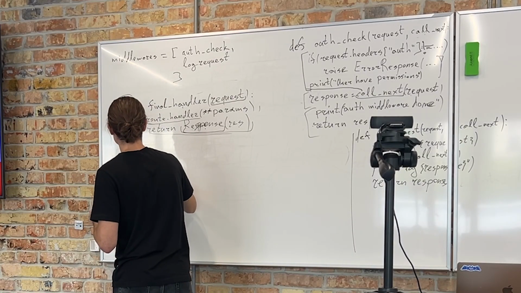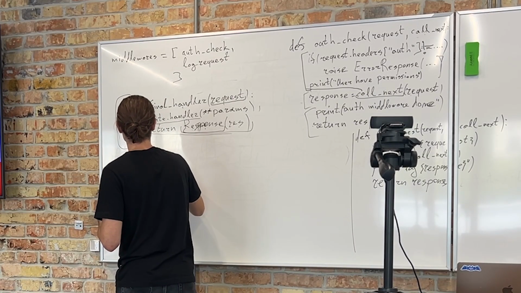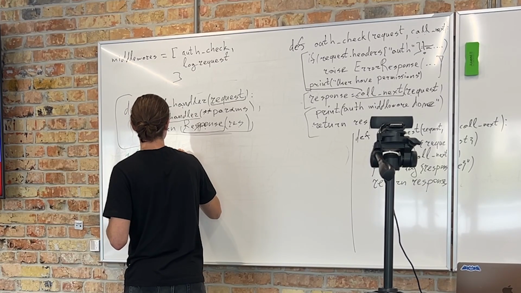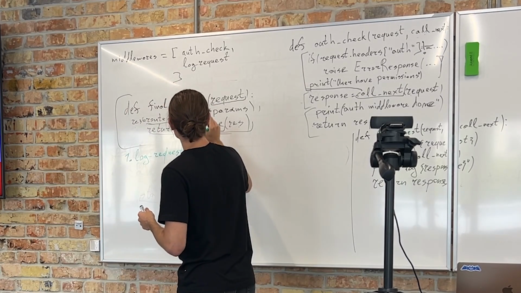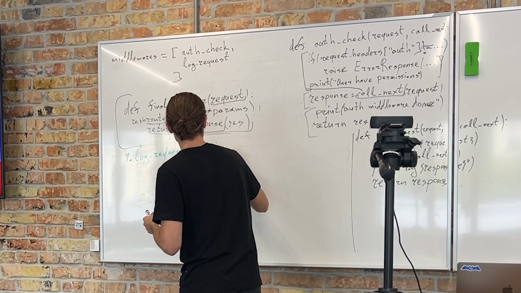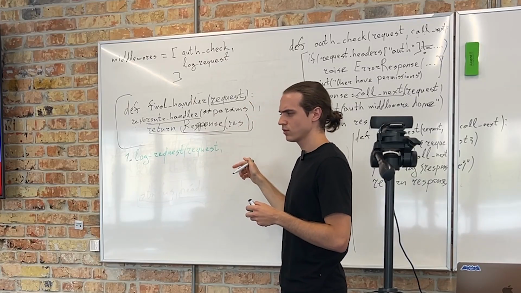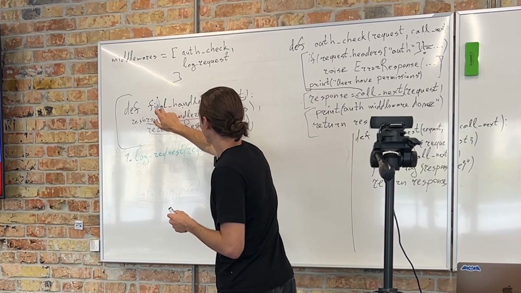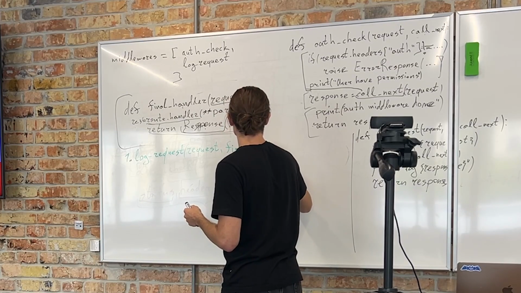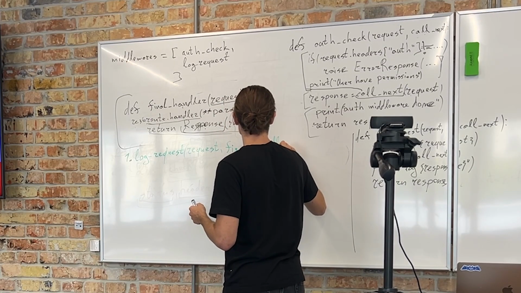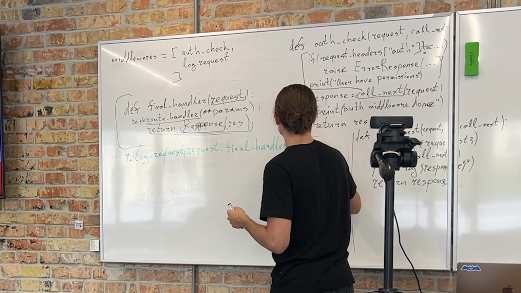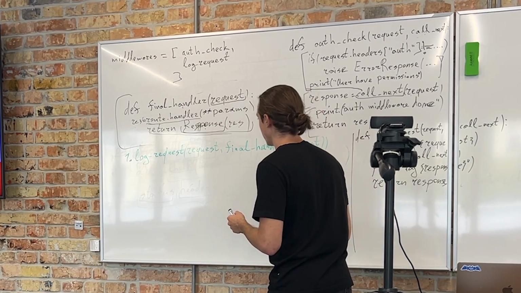So what we're doing, we say log request, we're passing our request. You can see this, right? Good. And pass a final handler as a parameter.